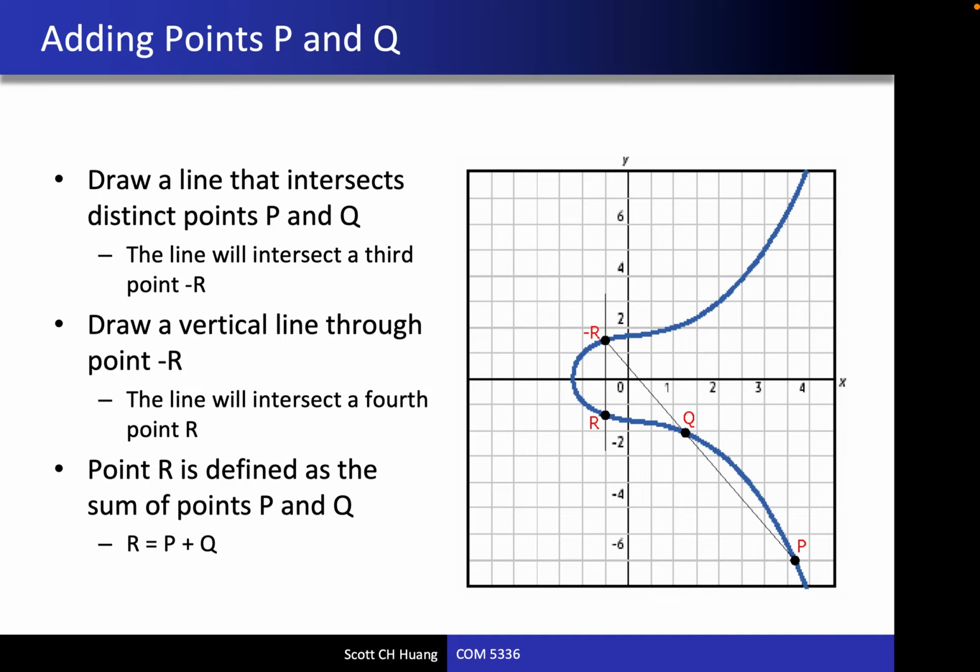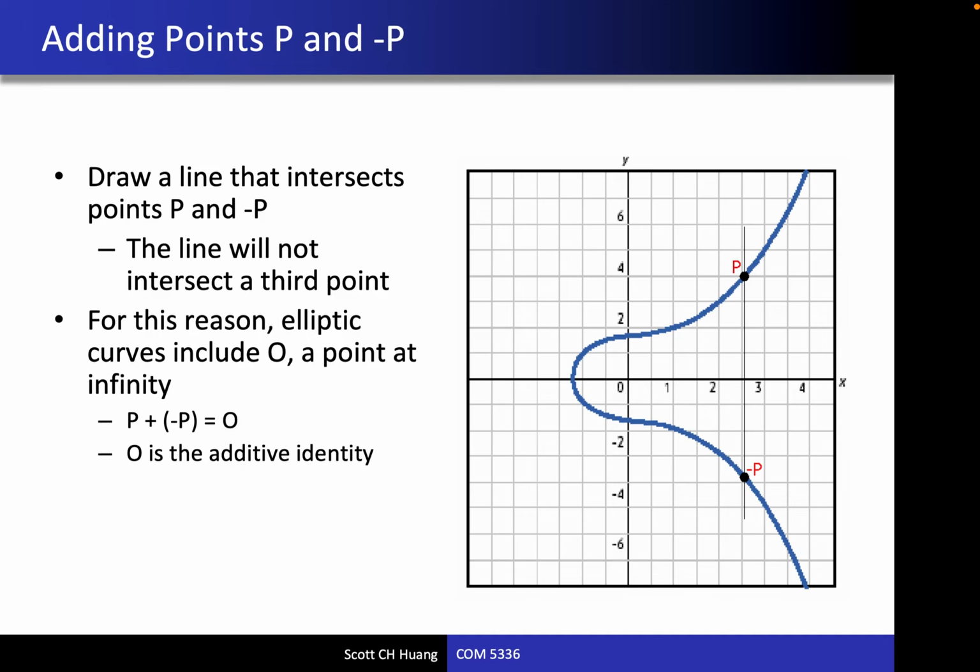So we mentioned adding 2 points. That's a definition. And in some cases, when the 2 points to be added lie on a vertical line, then the line does not intersect any other point on the curve. In this case, we simply define their sum to be the point at infinity. Okay.